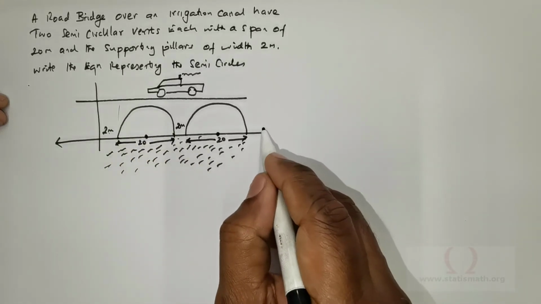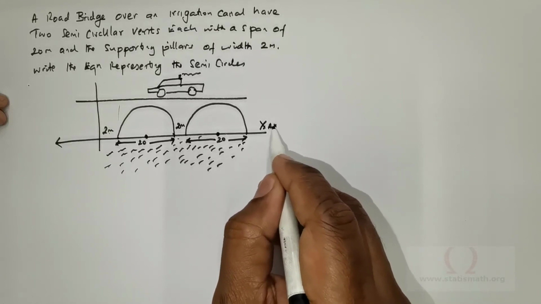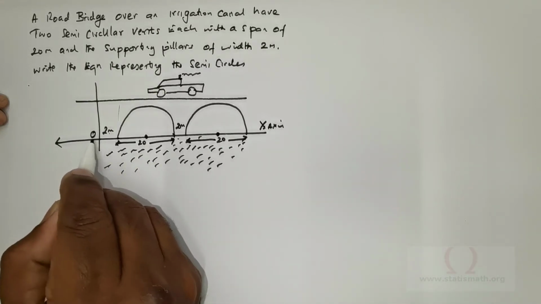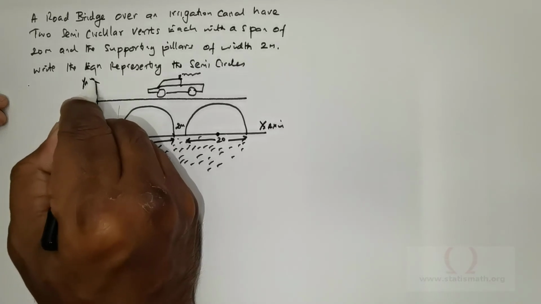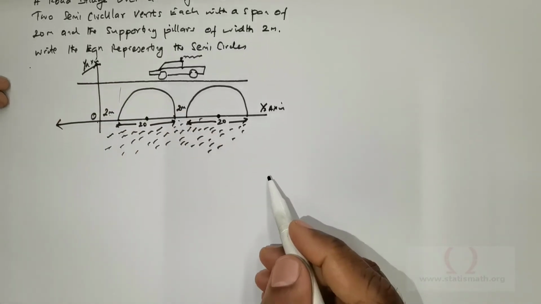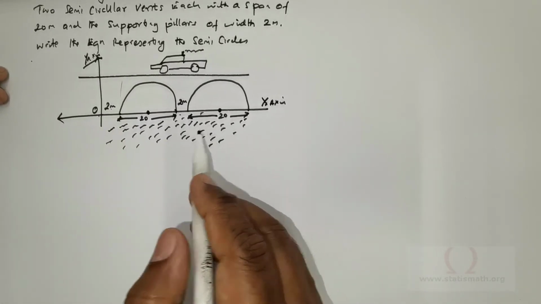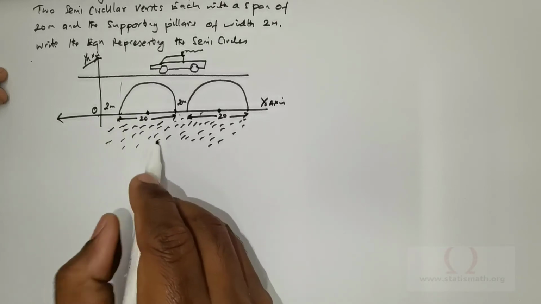Now, foremost, you have to take this as the x-axis. Imagine this entire thing to be the x-axis, and imagine this point to be 0, and this to be the y-axis. That is the first imagination you should have. Having obtained that, you first find the radius of this particular vent.